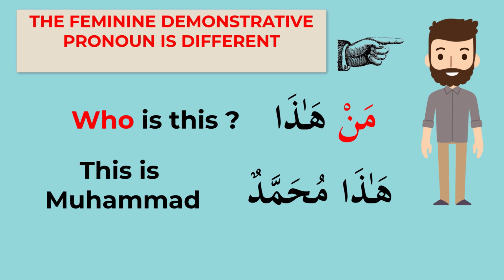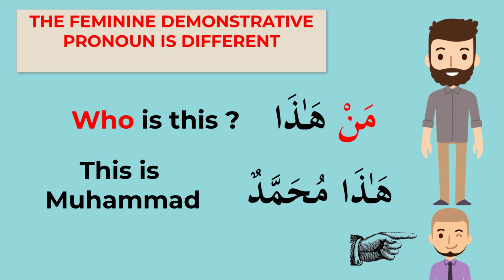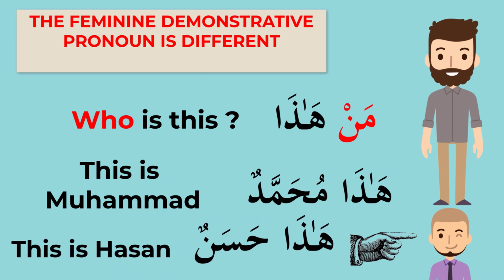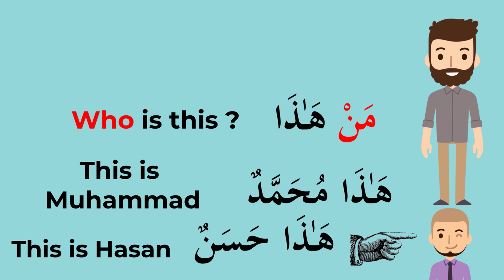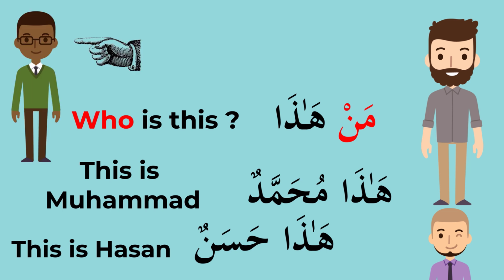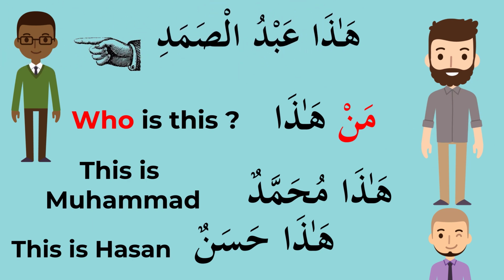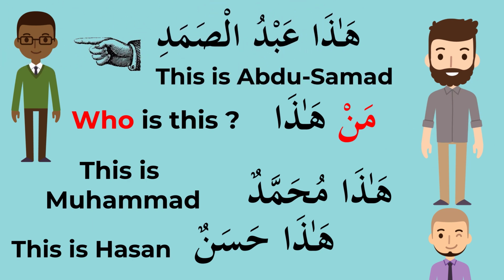If I point out to this brother, I will say man hadha. Then the answer will be hadha Hasanun. And then if I point out to the third gentleman, again I will say man hadha. I will say hadha Abdus Samad. Are you with me, brothers and sisters? So for human beings, anything aqil or rational nouns, we use man.